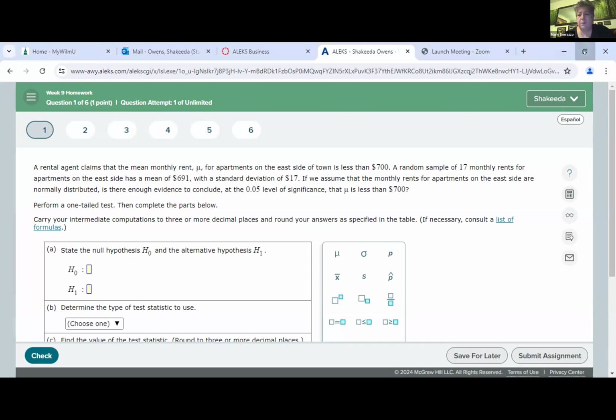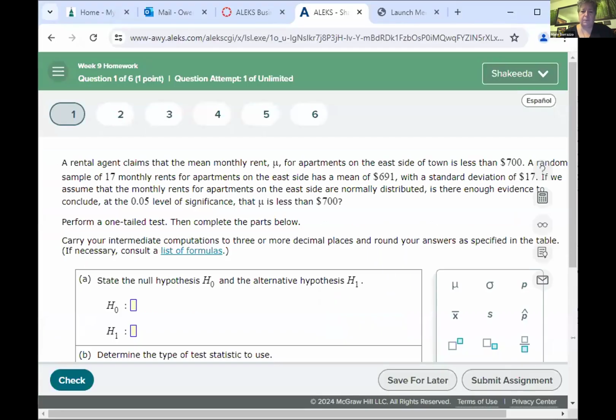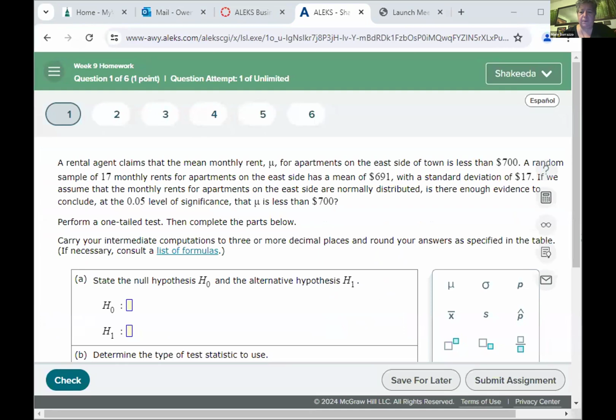Okay, so what's the sample size? Just the number of participants. 17. It says it right there. They're looking at the mean to be 700. The sample mean is 691.